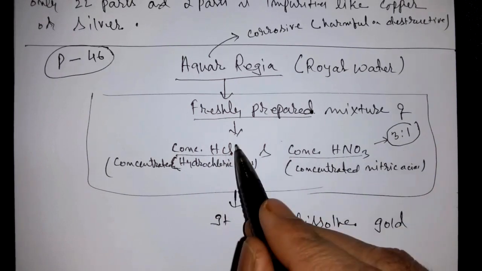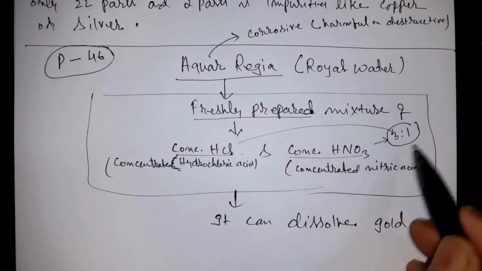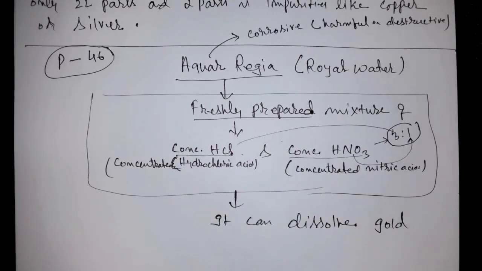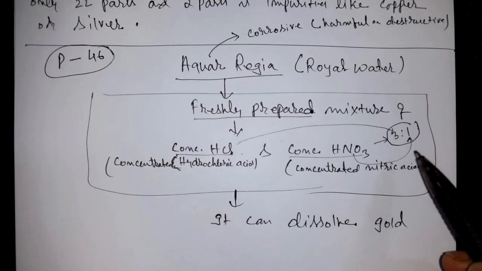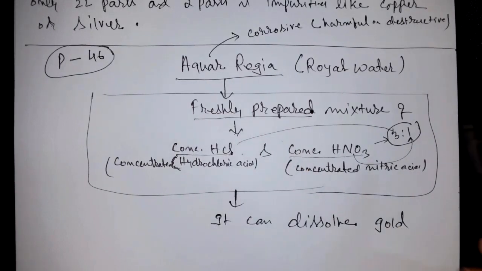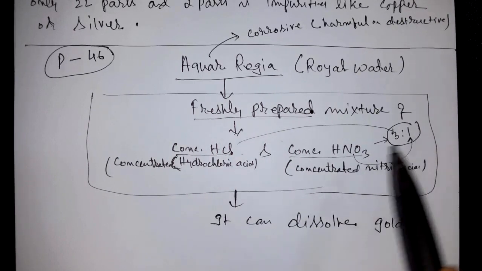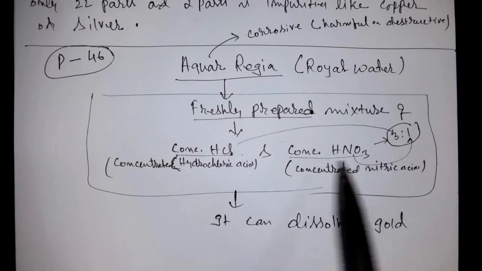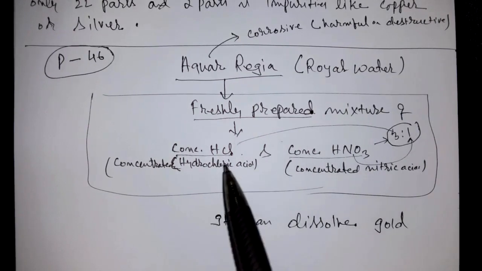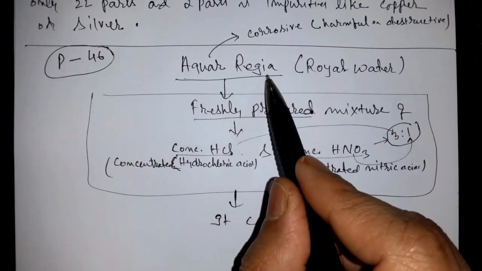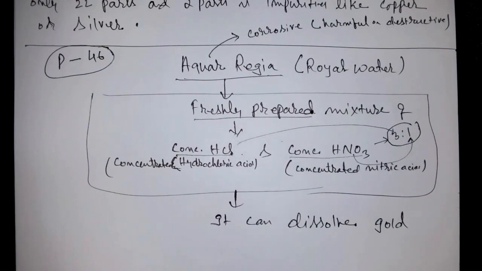Suppose you are making Aqua Regia 3 plus 1, suppose 4 liters, then in that 4 liters, 3 liters must be this acid and 1 liter must be this acid. Then the solution which you will get is called Aqua Regia, which is also called royal water.